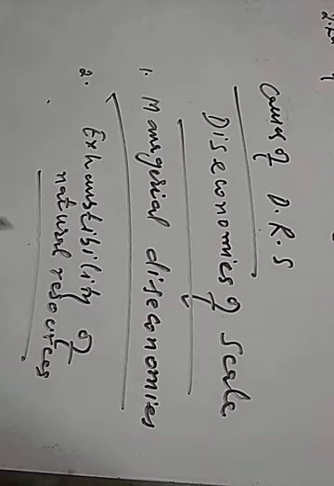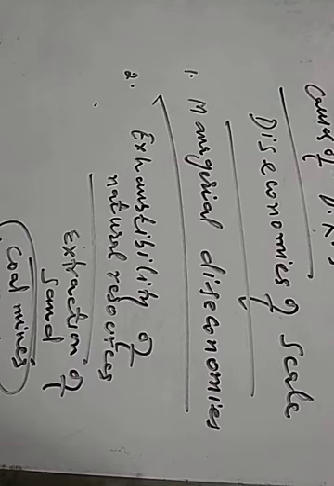For example, extraction of sand from a river. There is a limit on the extraction of sand. We cannot increase its quantity beyond a certain limit. Or the case of coal mines, the availability of coal is fixed.